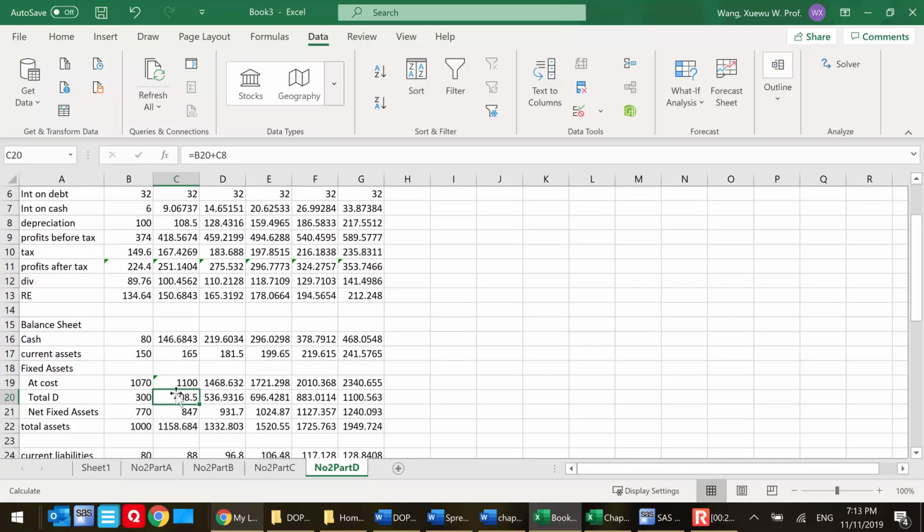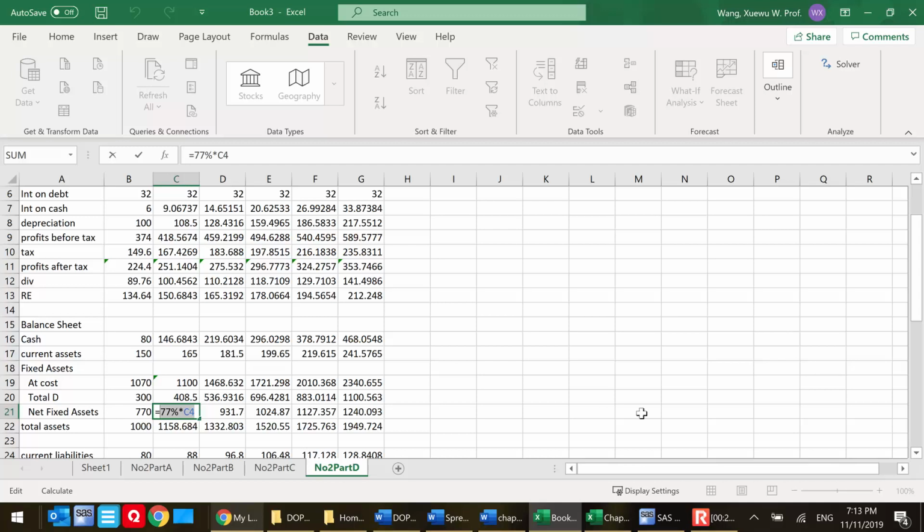Okay, so now you notice that these two numbers don't add up to 1,100. So what you need to do now is, instead of looking at the net fixed assets as 77% of sales, you have to do it the other way around. You cannot make one assumption about the fixed asset at cost and another assumption about the net fixed assets and another assumption about the total depreciation.